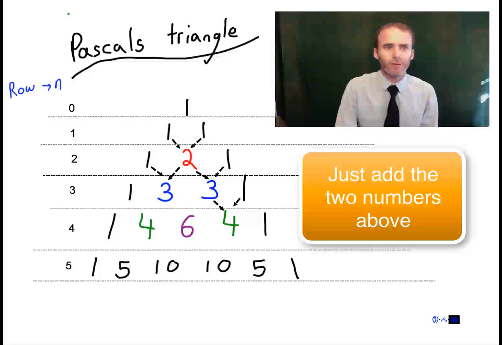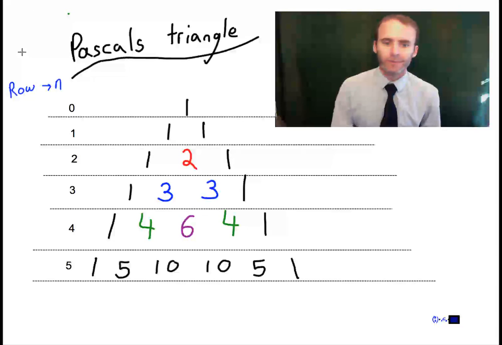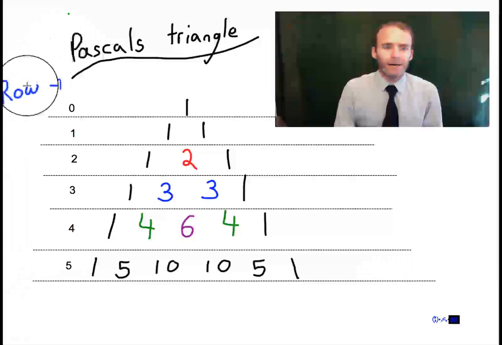So that's the logic behind Pascal's triangle. And there's a lot of really great relations and uses that come along with Pascal's triangle, and we'll be exploring those throughout Algebra 2.